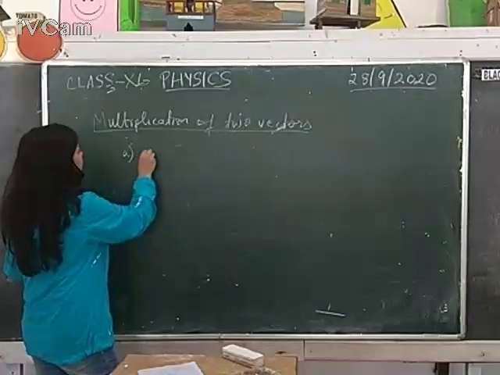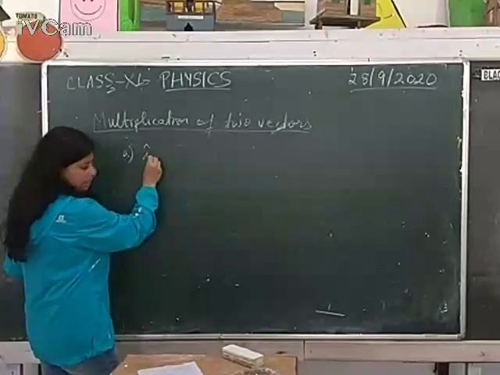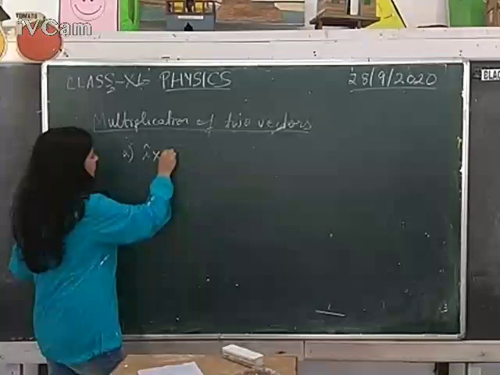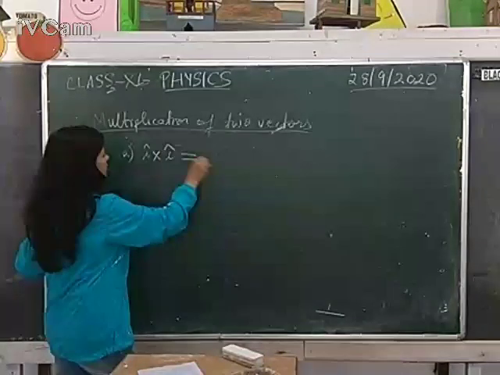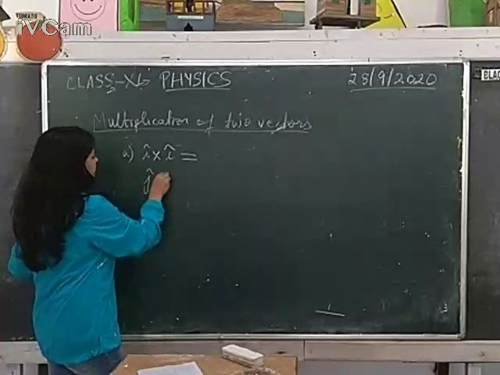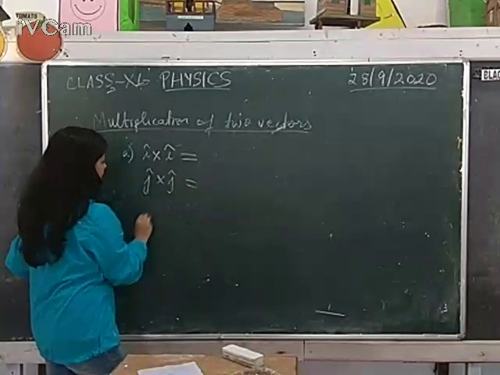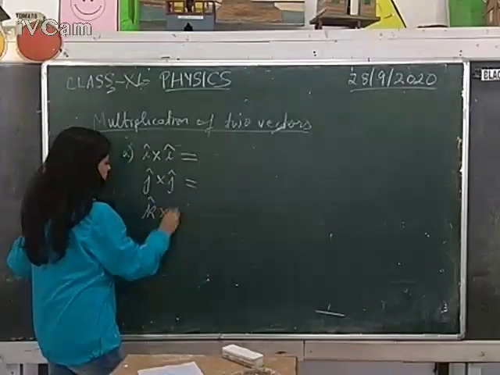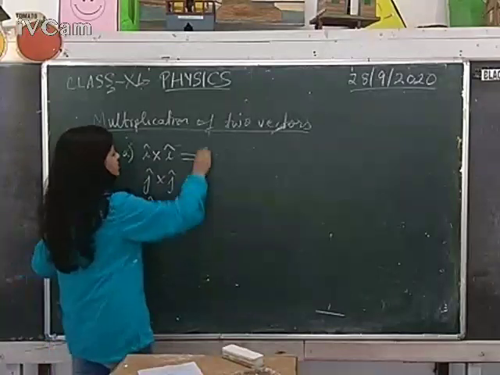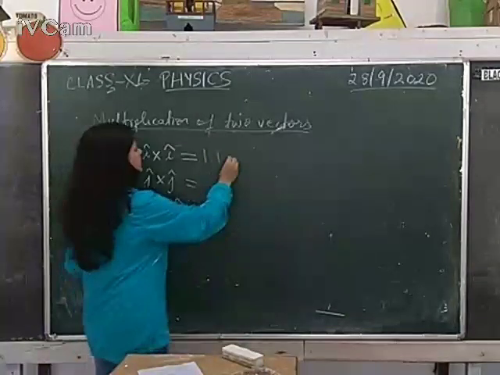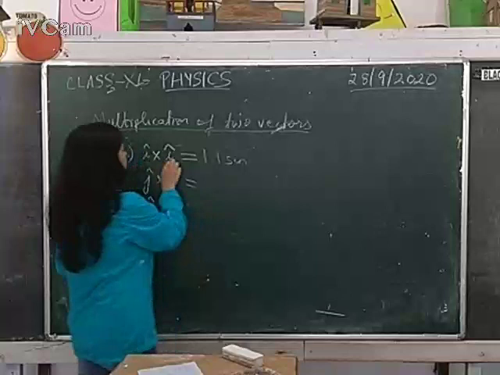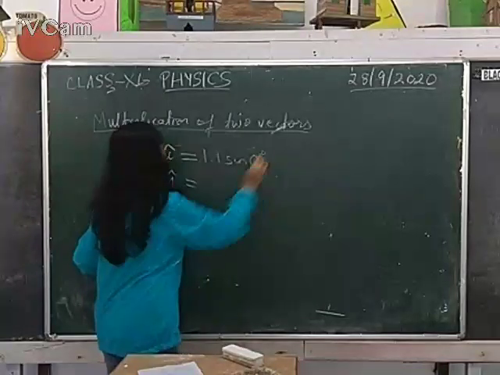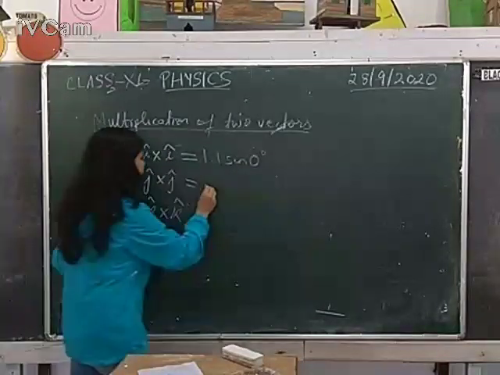Firstly, I cross I, J cross J and K cross K. Magnitude is 1 in each case. Sine of 0, because they are in the same direction, same vector.